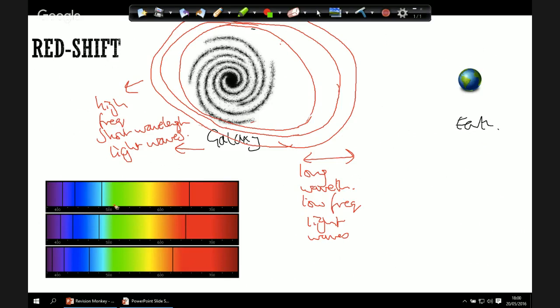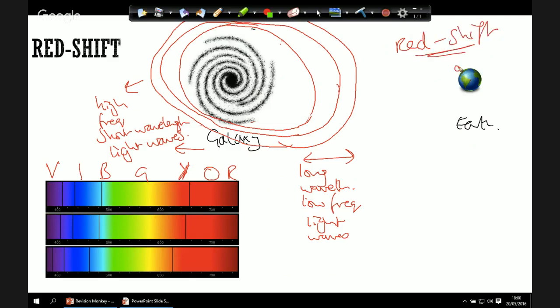If you remember before, we got visible light, which goes all the way from violet to red. Okay, if we fill in the colours: red, orange, yellow, green, blue, indigo, violet. And the light coming from this galaxy will appear to be a bit redder, where it's shifted into the red end of the spectrum. And we call this phenomenon red shift.